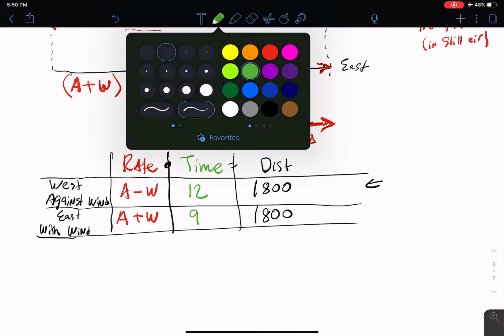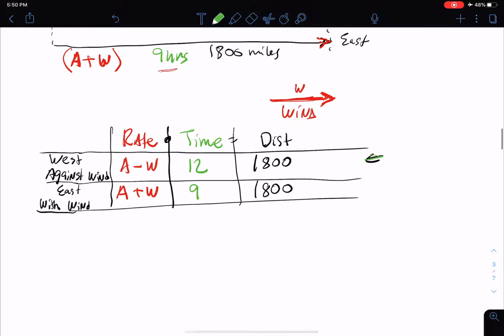So once again, I'm looking at this line right here, going against the wind. It takes 12 hours, and so rate times time equals distance of 1,800. And what was the rate again? Well, the rate going against the wind was the airplane speed in still air minus the wind speed.